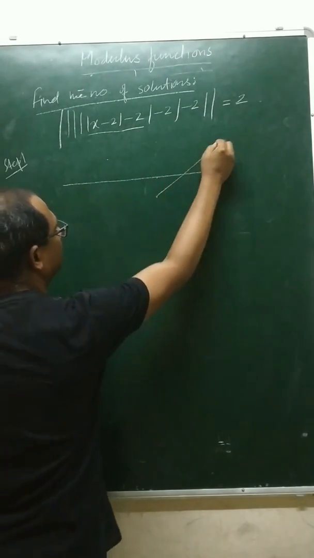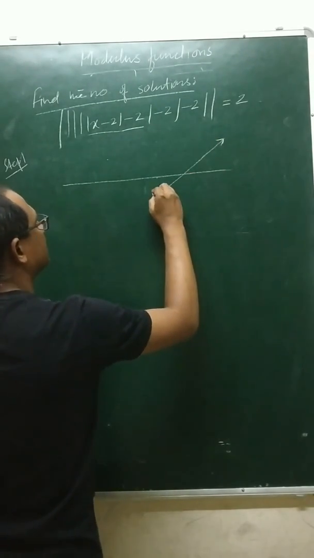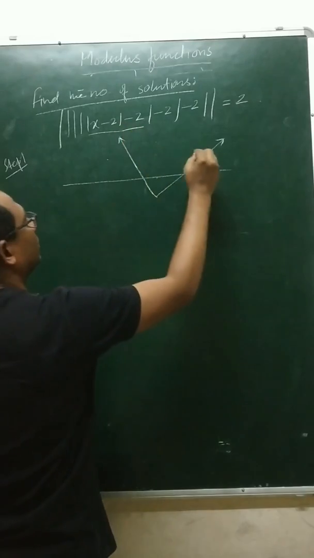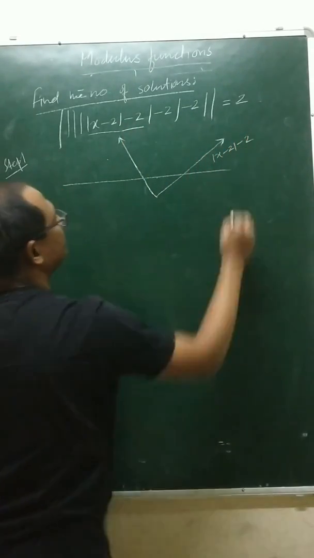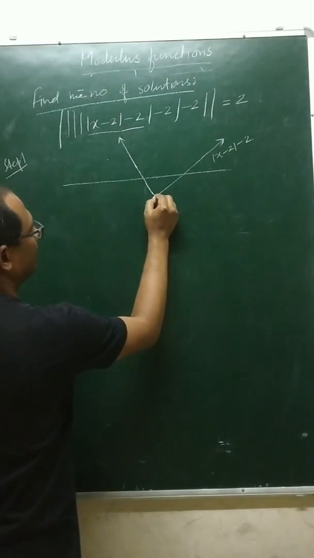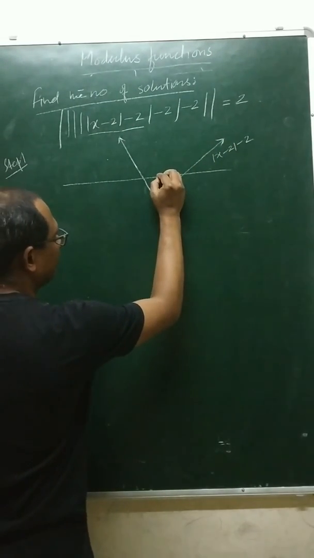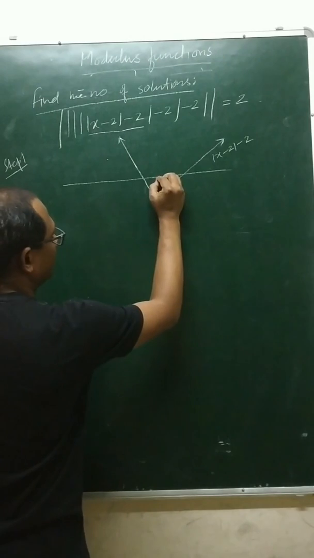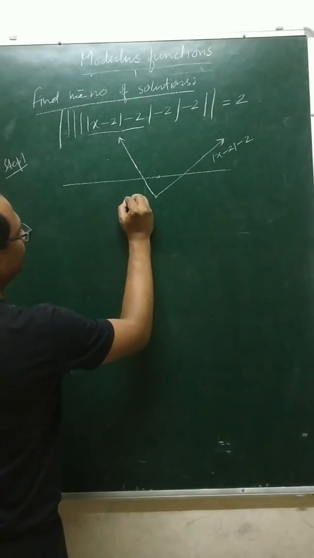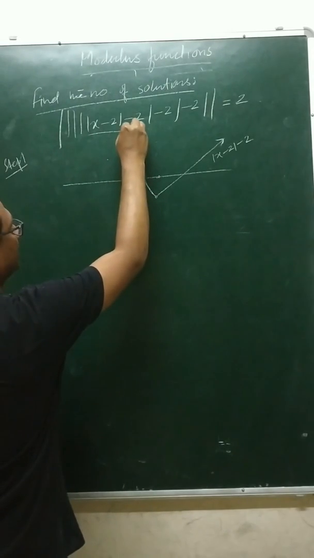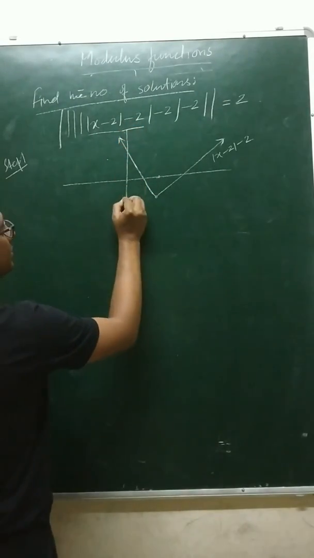So it will be something like this. This is what modulus of x minus 2 minus 2 is. Here this point is 2, it came 2 units below, so it will be minus 2. If I take the y-axis somewhere here, this point is minus 2.